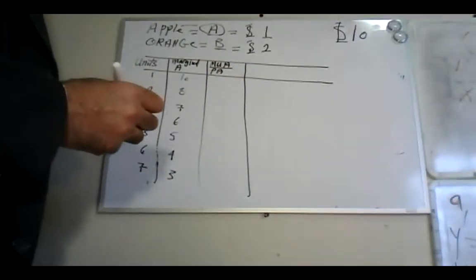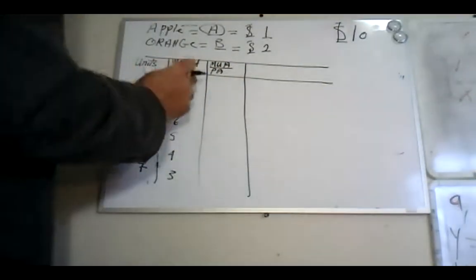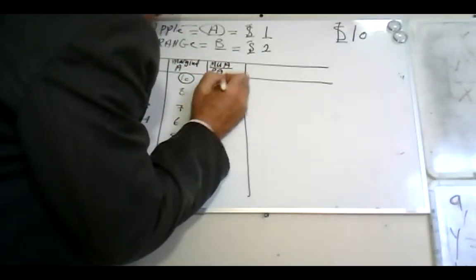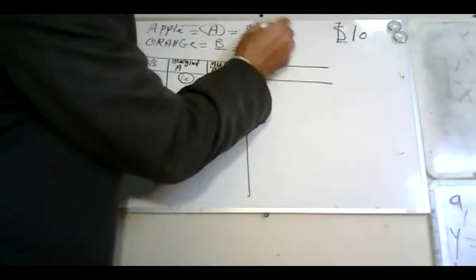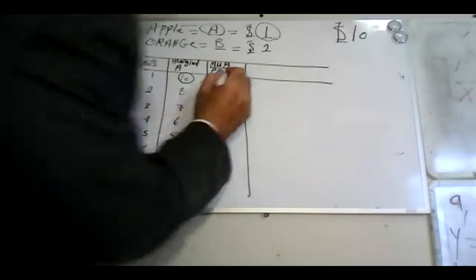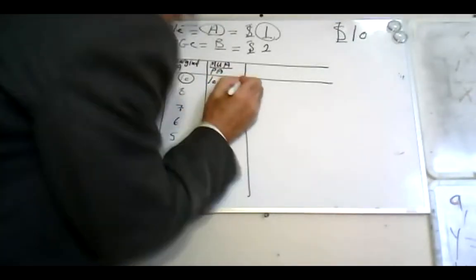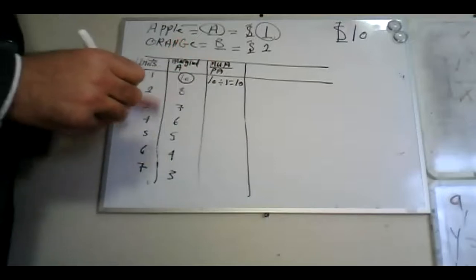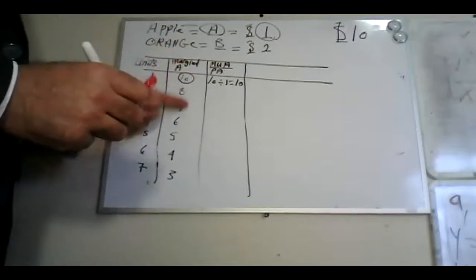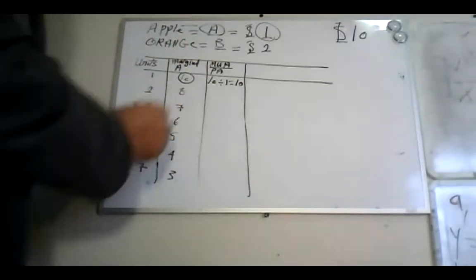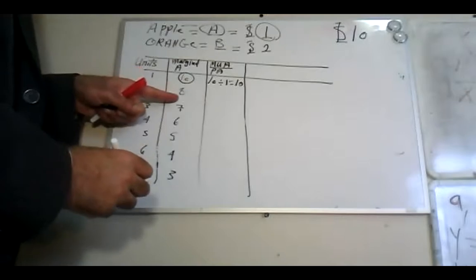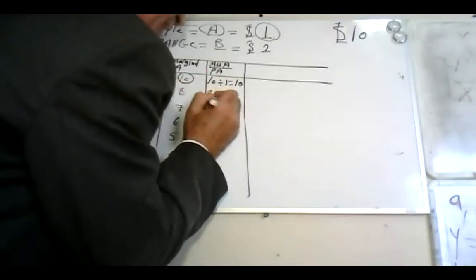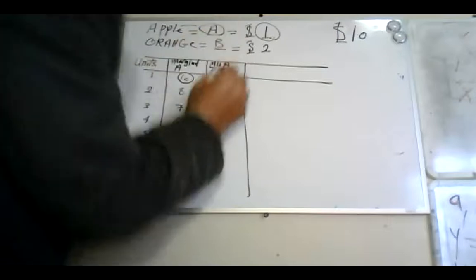As an example, I will do the first one. The marginal utility here is 10. 10 by 1, because the price is 1, equals $10. The same thing I will do for the rest of the column. 8 divided by the price of A, which is $1.